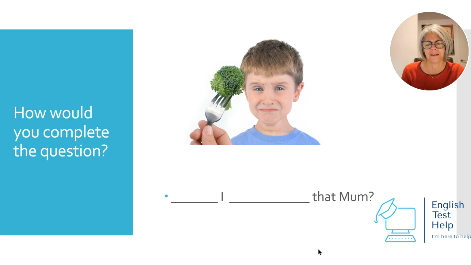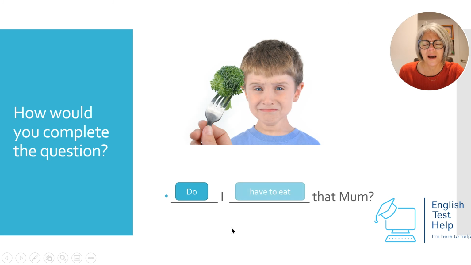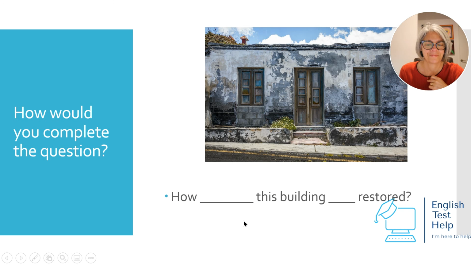Oh dear, this little boy does not like his green vegetables. He could ask, "Do I have to eat that, Mum? Do I have to eat that?" This building needs fixing.